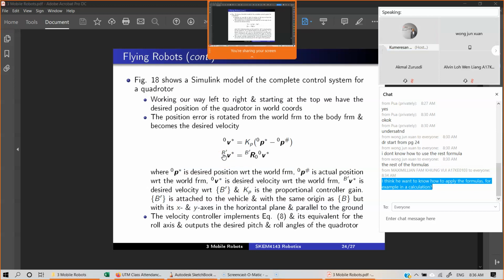So do you know what is B prime coordinate frame, Wong? Only one yes. So what is B prime coordinate frame? Wong? What is B prime coordinate frame?